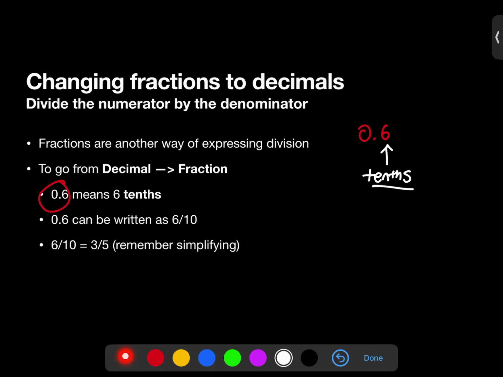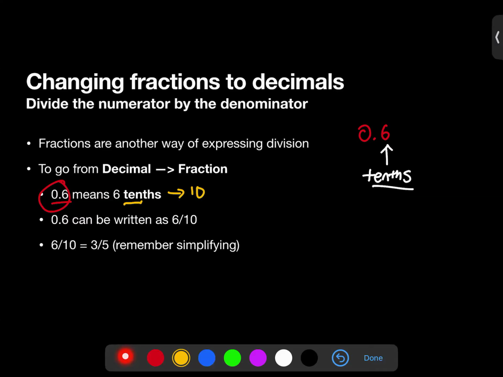So what we can call this decimal is 6/10, because we have 6/10, right? So the conversion here from the decimal to fraction is very simple. Tenths is representing the number 10.